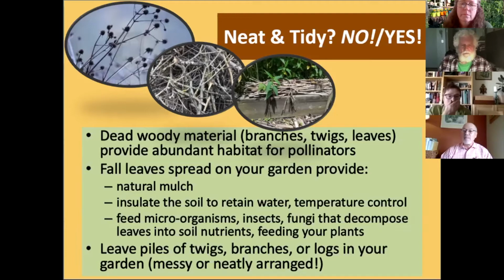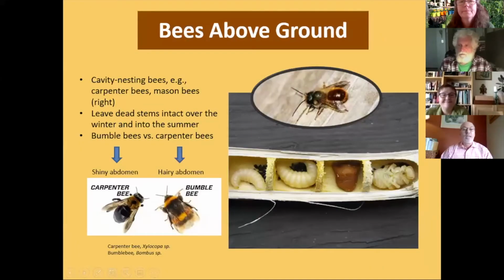So the concept is to feed the soil. The soil is what feeds your plants. So we're always thinking about feeding the soil. So if you'll leave piles of twigs, branches, logs in your garden, it's going to feed the soil, and it's also going to help the pollinators. So next slide, we'll start talking about the pollinators.